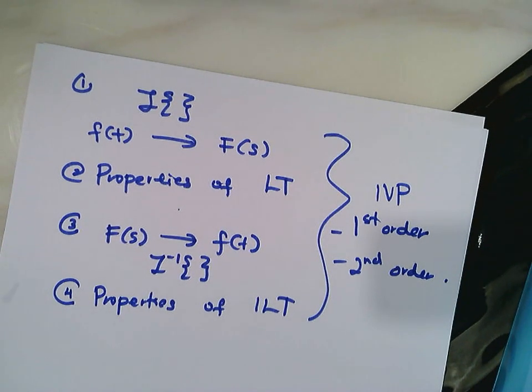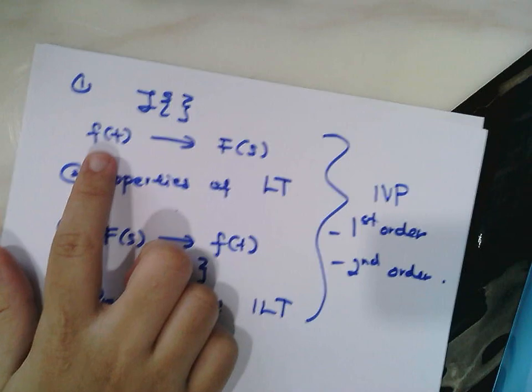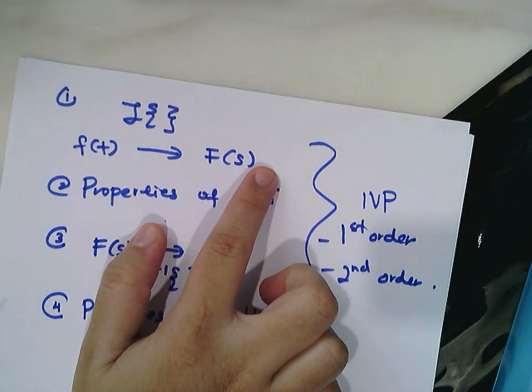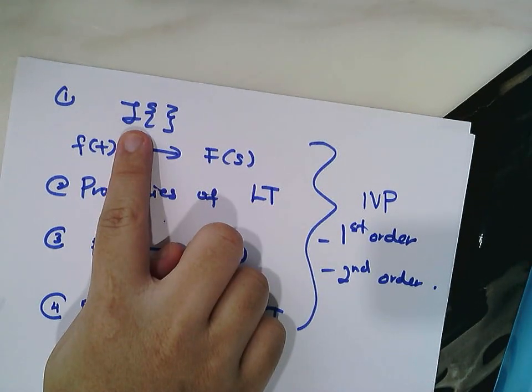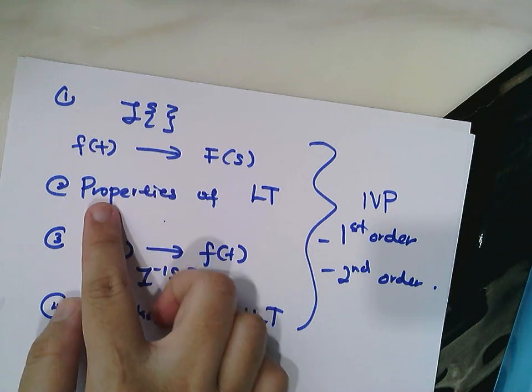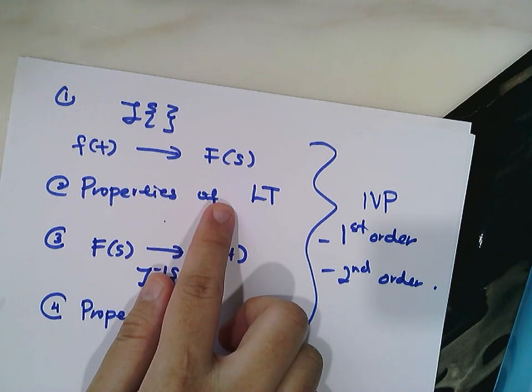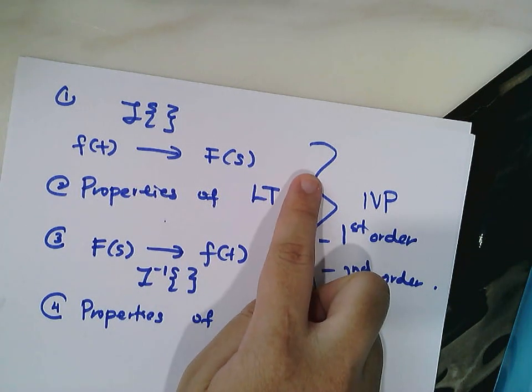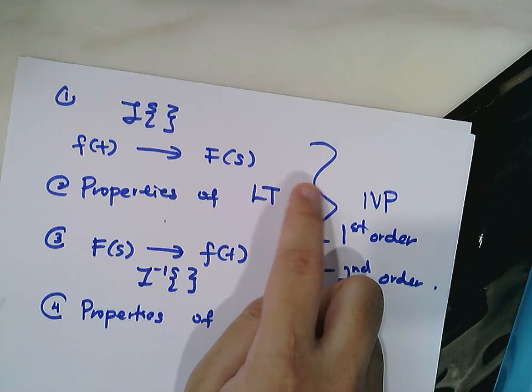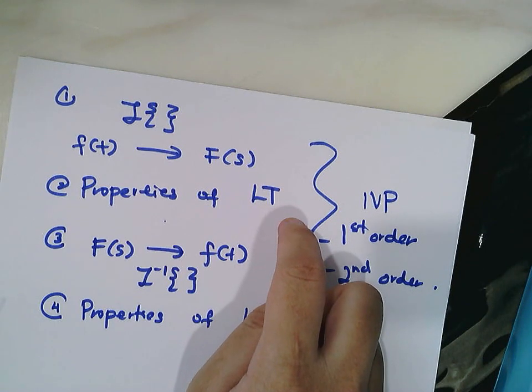So the first one is I already taught you how to find the Laplace transform from f(t) to get your F(s) by using Laplace transform. And we also covered properties of Laplace transform, which are linearity properties, first shift, and also multiplying by the t^n function.